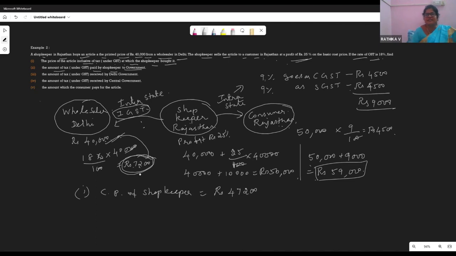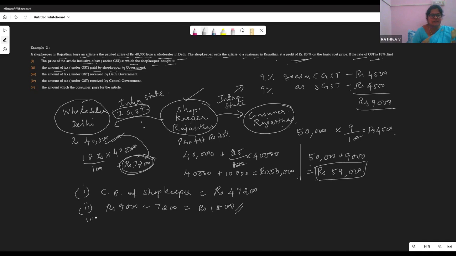The output GST is 9,000, so 9,000 minus input GST of 7,200 is rupees 1,800. This is the amount of tax paid by the dealer, the middle person.